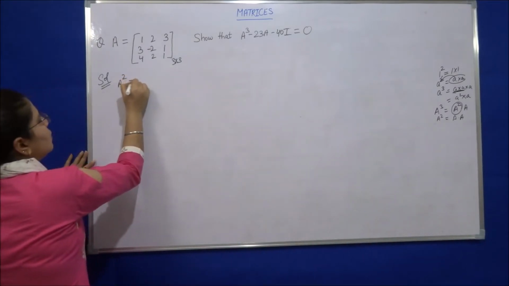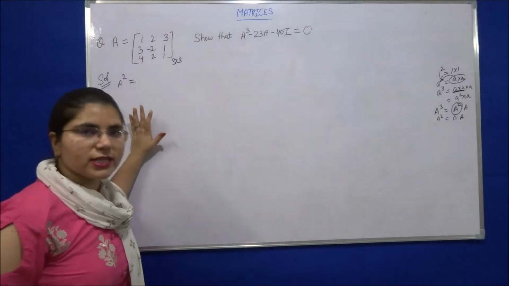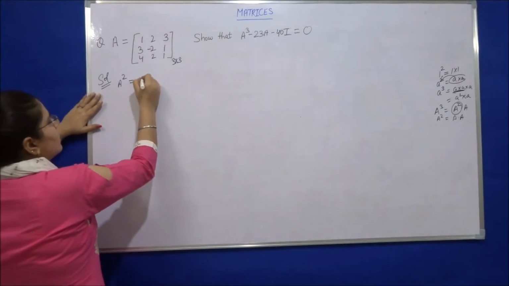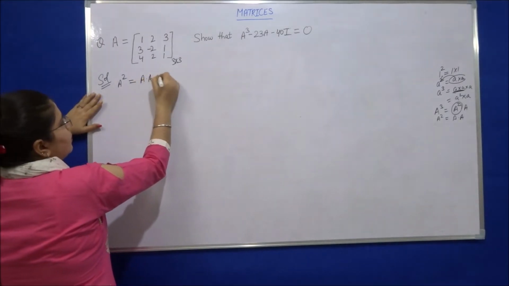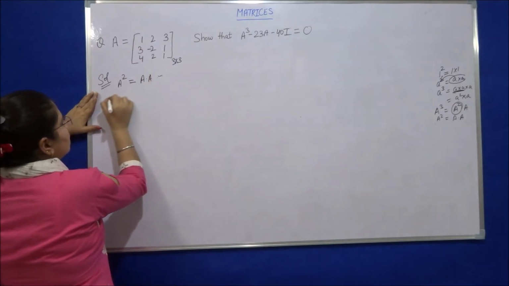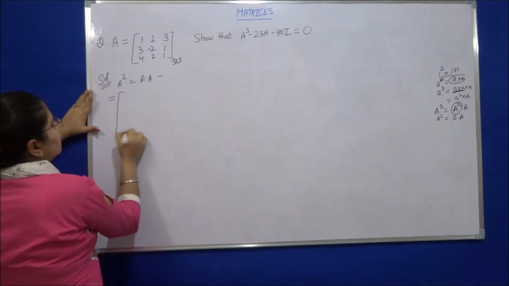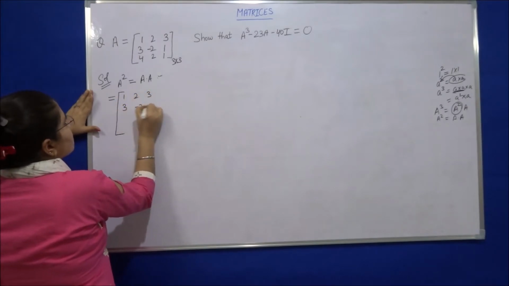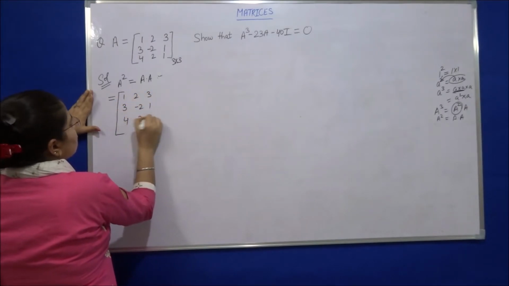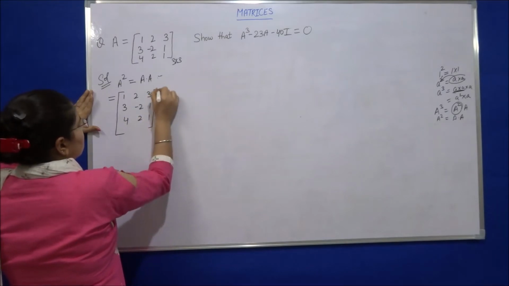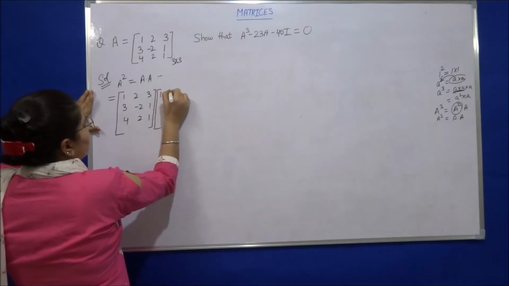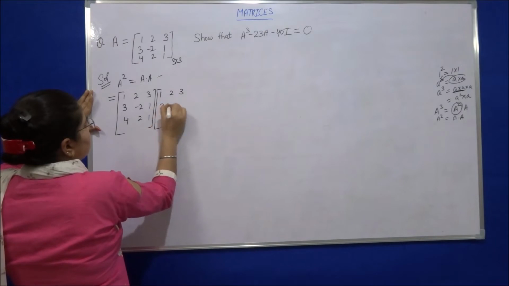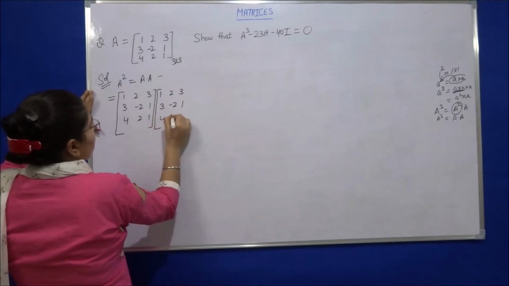First of all, we find the matrix A squared. That will be A into A, which is [1, 2, 3; 3, -2, 1; 4, 2, 1] times [1, 2, 3; 3, -2, 1; 4, 2, 1].